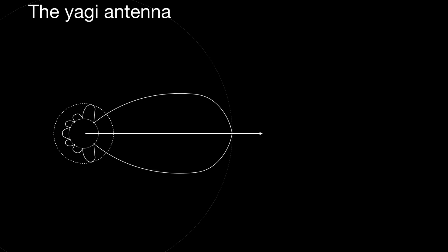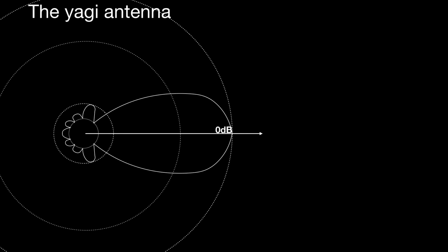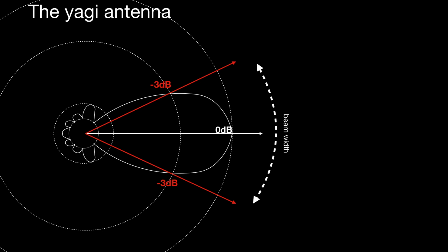So if we drew a circle and called that arbitrarily 0 dB, and then walked closer to the yagi and asked where is a point of minus 3 dB, in other words 3 dB lower than that, then we could draw points where our lobe intersected the -3 dB points, and we could construct straight lines through those, and that gives us our beam width.